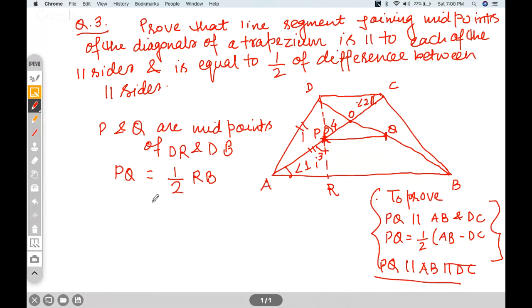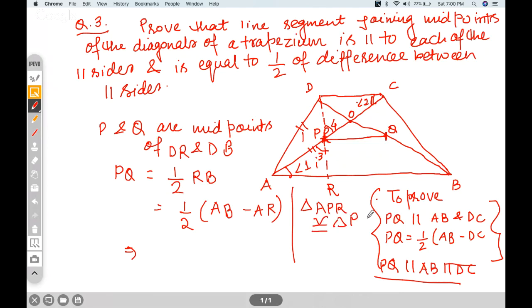RB can be written as AB minus AR. And I just proved that triangle APR is congruent to triangle PDC.